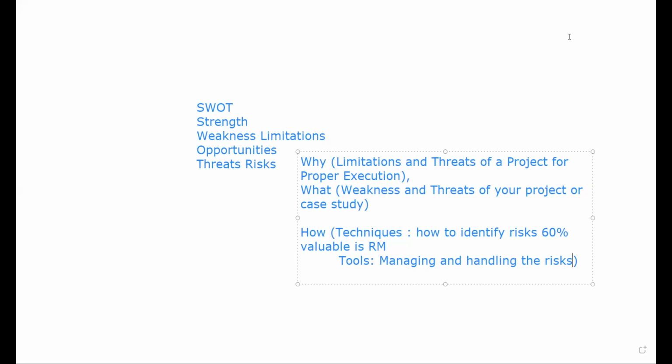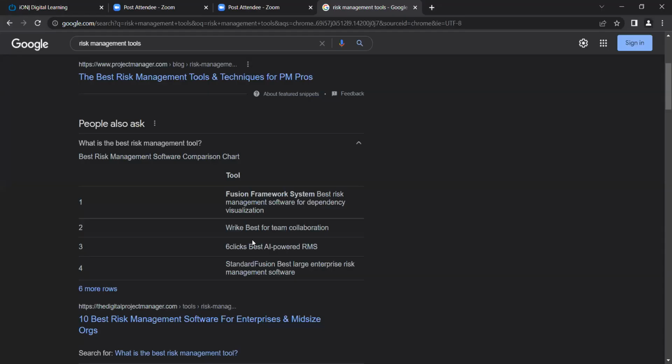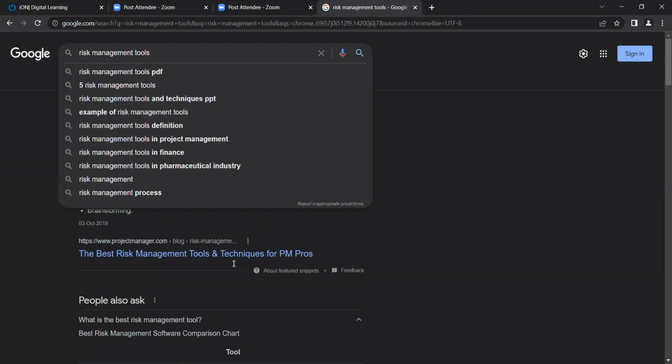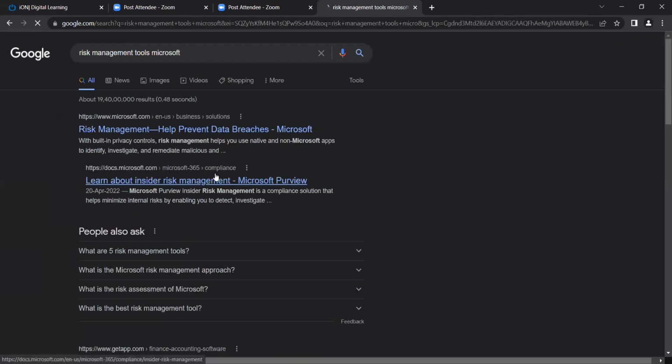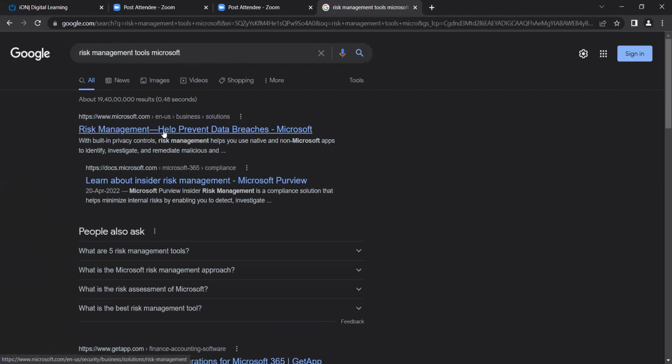Okay, before that, I would just like to mention: see, risk management helps prevent data breaches. Microsoft has a compliance solution for risk management, called Microsoft Purview.